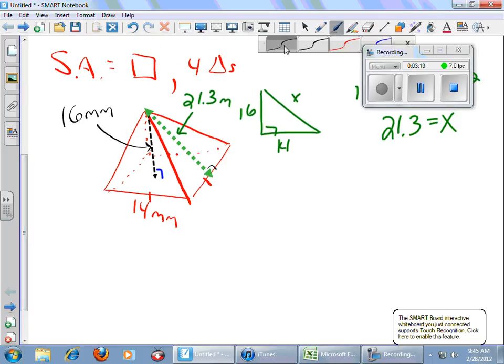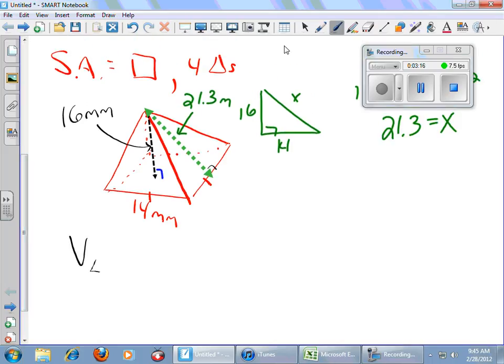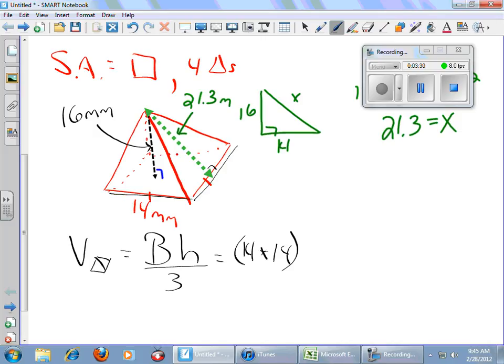And remember, to do that, I'm going to find the area of the base, multiply by how tall the pyramid is, and I'll divide by 3. Well, the area of the base is a square, so that's going to be 14 times 14. Then I'm going to multiply by the height of the pyramid, which is 16, and divide by 3.